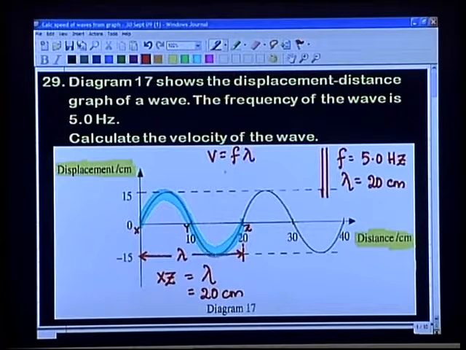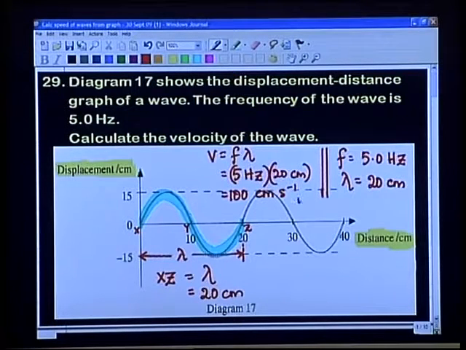F lambda. And what is f? F is 5 hertz multiplied by lambda. What is lambda? 20 centimeters. And what is our answer? 5 times 20, we have 100 centimeter per second. So this is our answer.